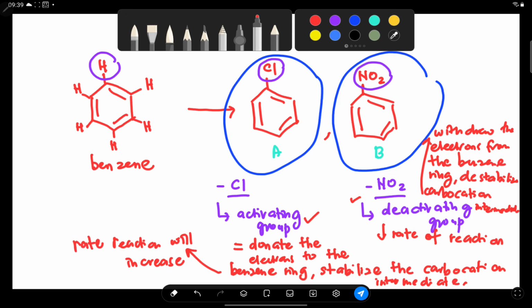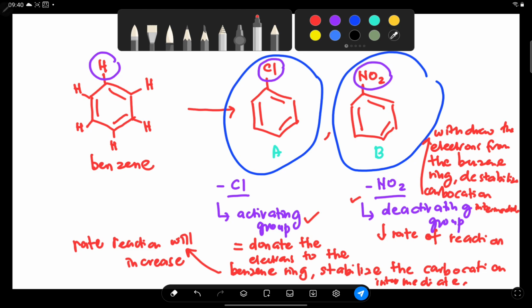Here the rate of reaction will increase. Whereas for a deactivating group, it will withdraw the electron from the benzene ring, destabilize the carbocation intermediate, and decrease the rate of reaction. Okay.